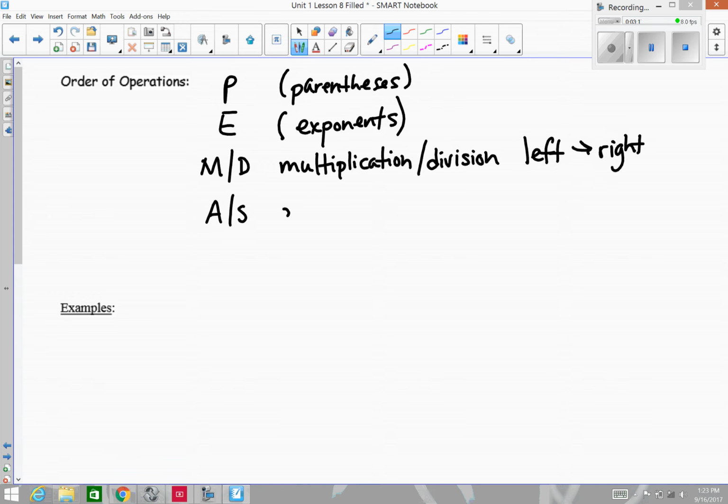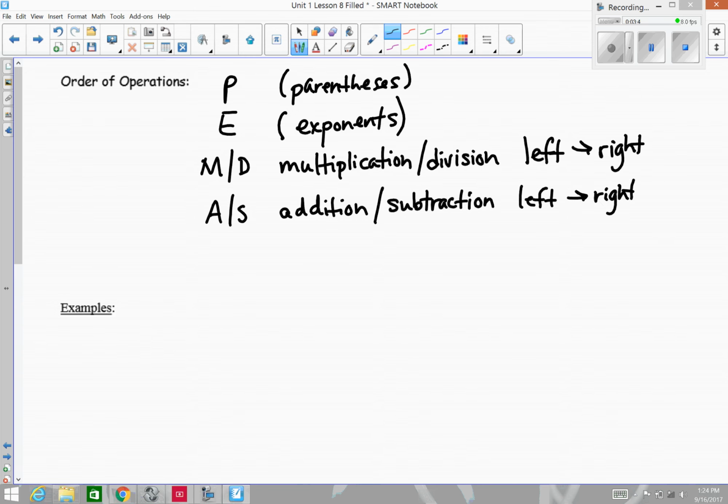And addition and subtraction are performed in the same way. They have equal priority. And I want to do those in order also from left to right.